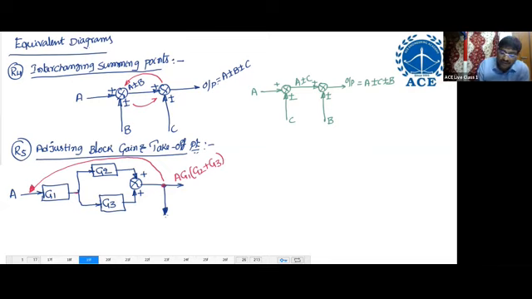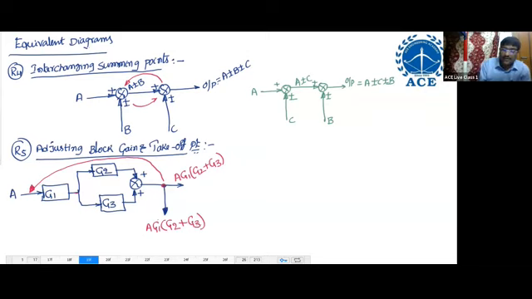What is the output of this take-off point? The same thing: the same signal A coming here gives A G1 into G2 plus G3. After shifting also, the outputs should be the same.